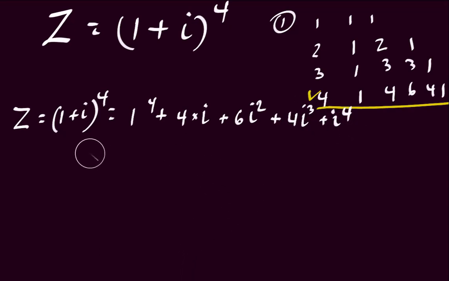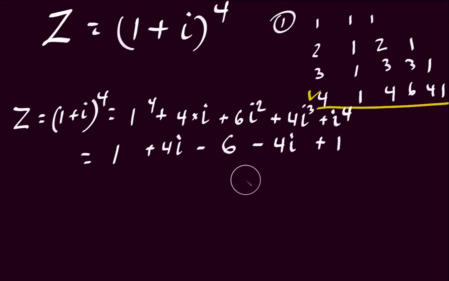And we are going to calculate this. We know that i squared is equal to negative 1. 1 to the power 4 is 1, plus 4i, minus 6, plus 4 times i squared is minus 4 times i, and then plus i to the power 4, which is 1. So if we do the calculation here, we group similar terms.